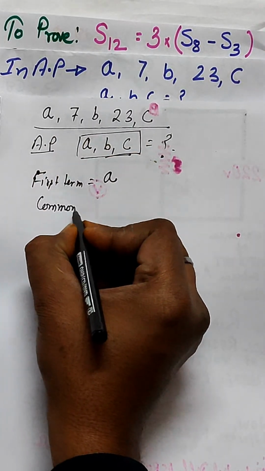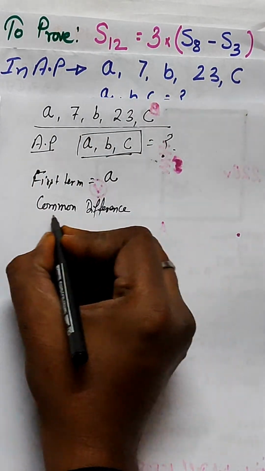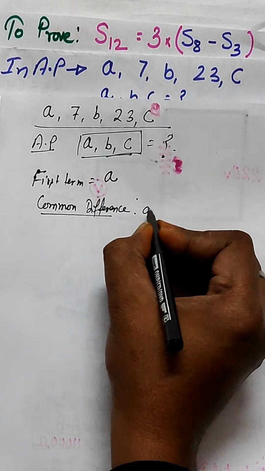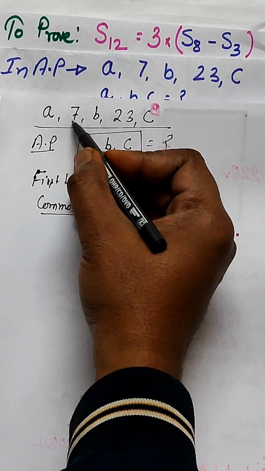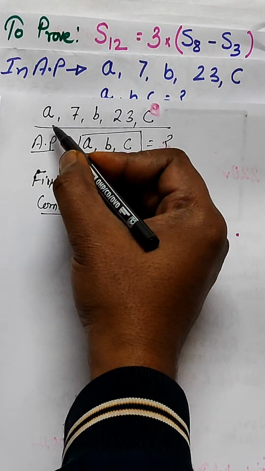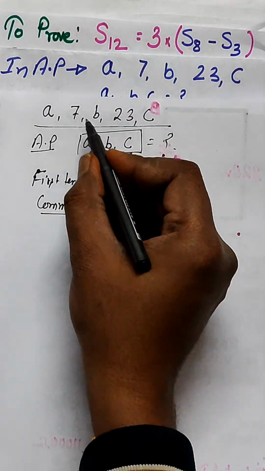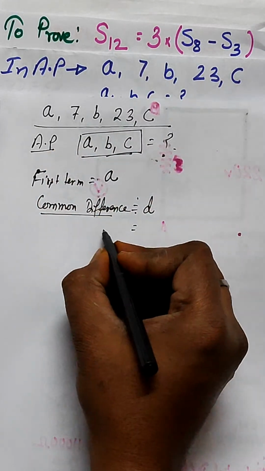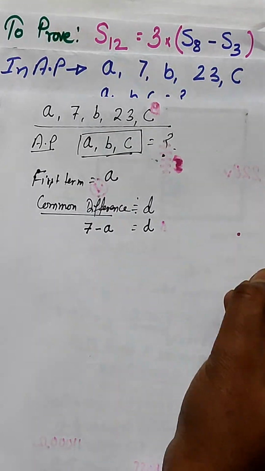So why not use the same concept as we discussed here? Common difference is equal to D. That is the consecutive term, the next consecutive term minus the previous one. So it will be coming as 7 minus A. So we can write 7 minus A as common difference D.